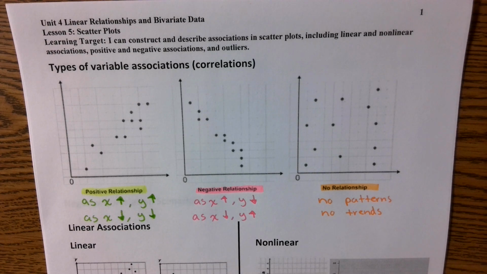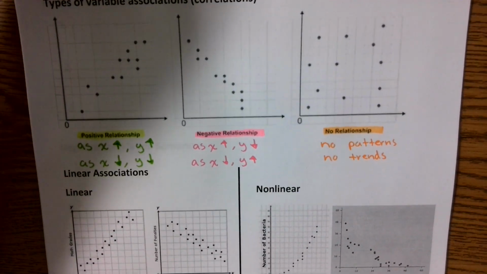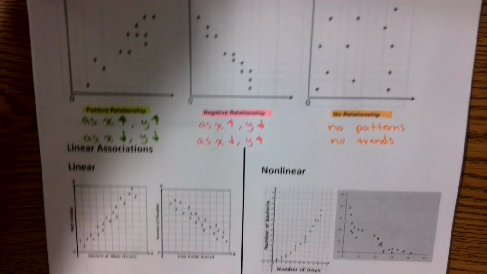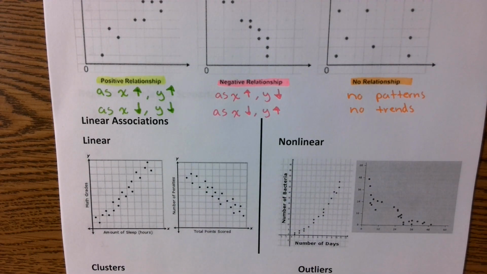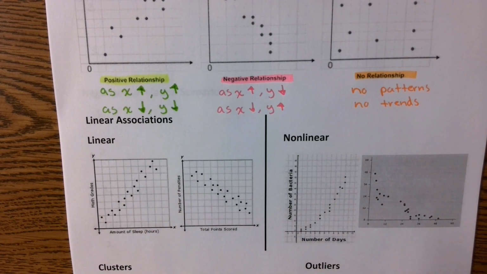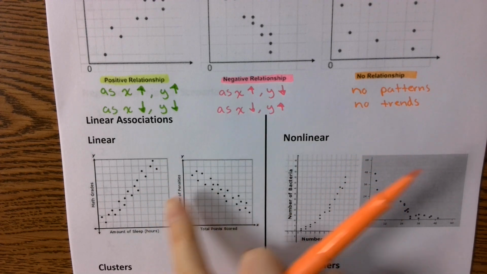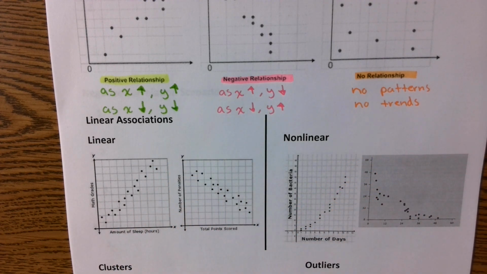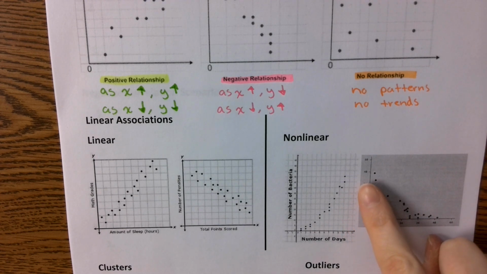How does one variable affect the other variable? Then we've got linear association. Remember, the word linear means what? Line, right? Straight pattern. So with a linear association, even though the scatter plot is not a direct line, it follows almost what we could do a straight line with, whether positive or negative. Nonlinear has more of a curvature occurring, or even several curves.